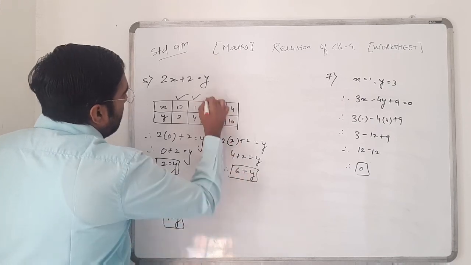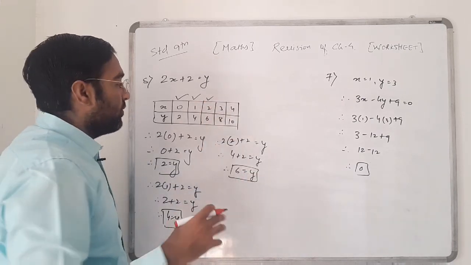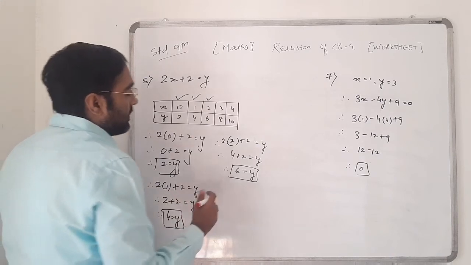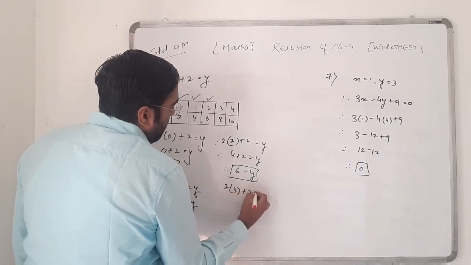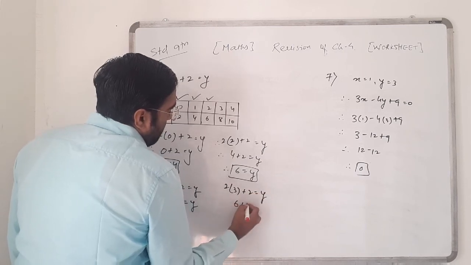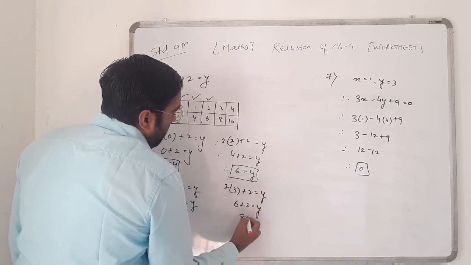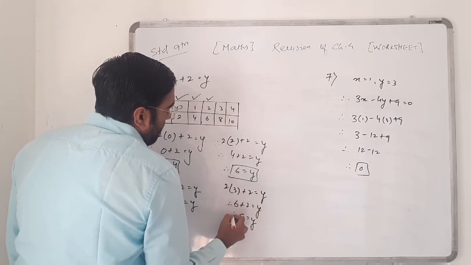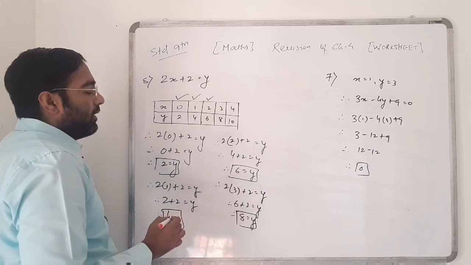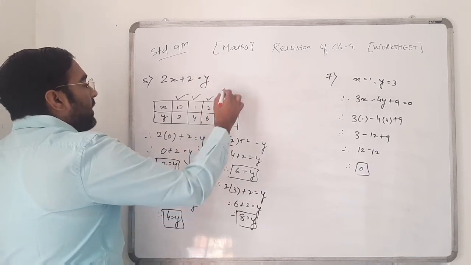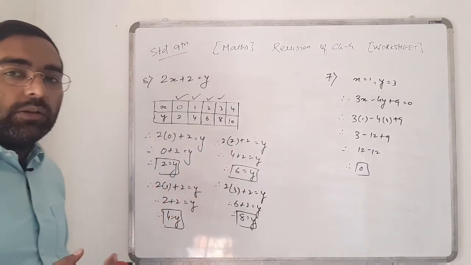In this third one, when I take x equal to 2, the value of y is equal to 6. In the next one, 2 into 3 plus 2 equal to y, so 6 plus 2 equal to y, 8 equal to y. So when I take the value of x equal to 3, the value of y is equal to 8.